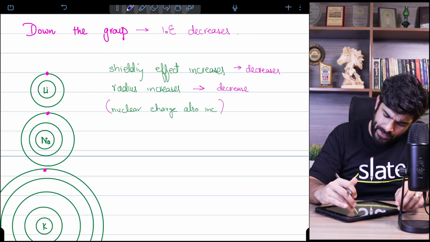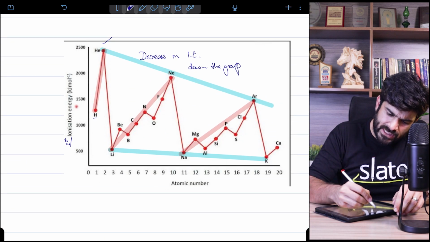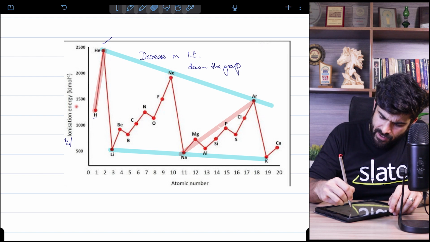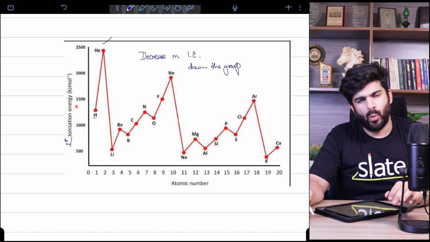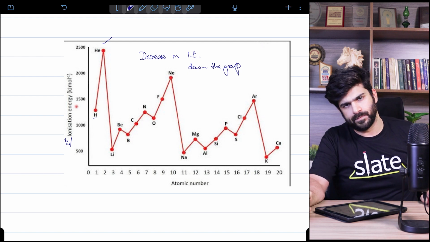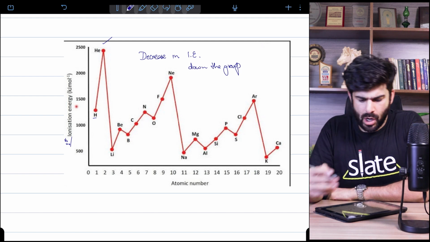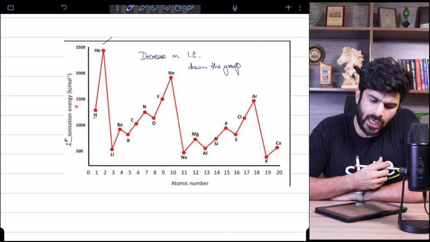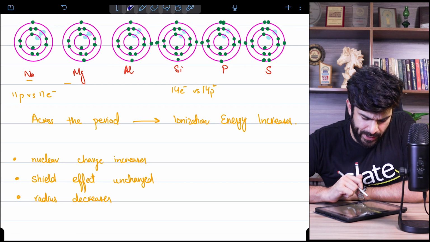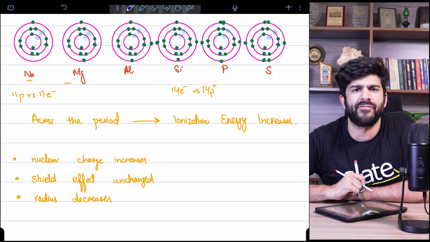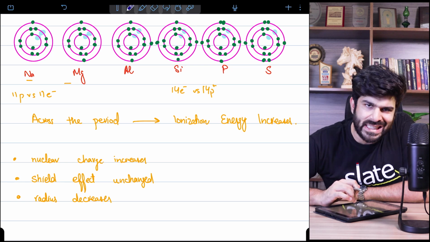But let's see what's happening here. This is a very important graph that is mostly going to come in your exams, mostly with the same type of questions. So they may ask you, why is there a general increase across the period? You will just write this answer: that across the period the nuclear charge increases, the shielding effect remains unchanged, and the radius decreases.